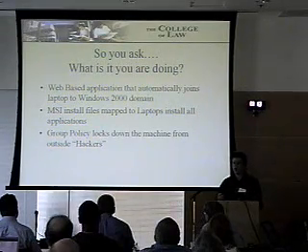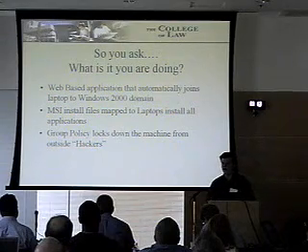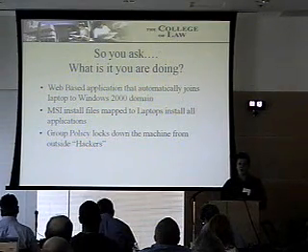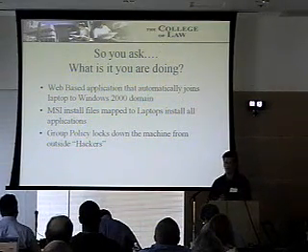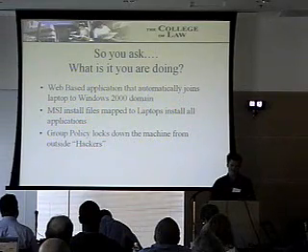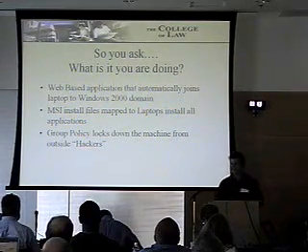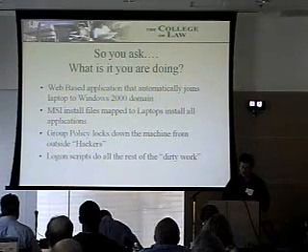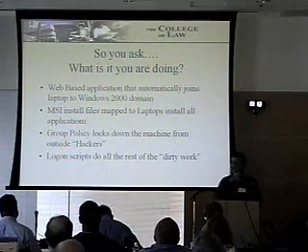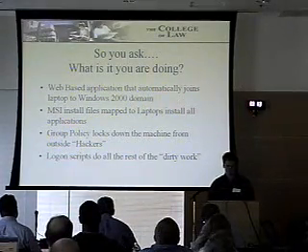We use group policy to lock down the machines, so that way we turn on their firewall. We make sure that the outside hackers can't get to their machine. We also attach logon scripts to the OU.